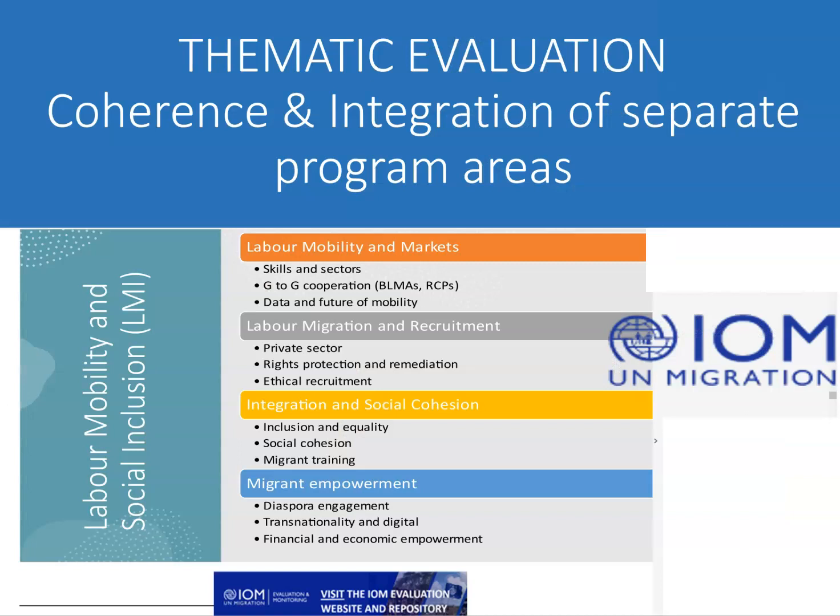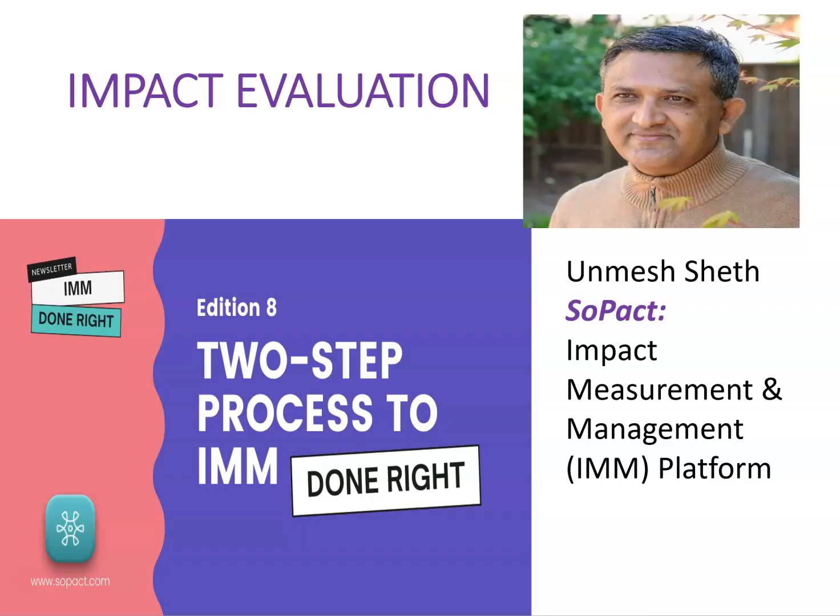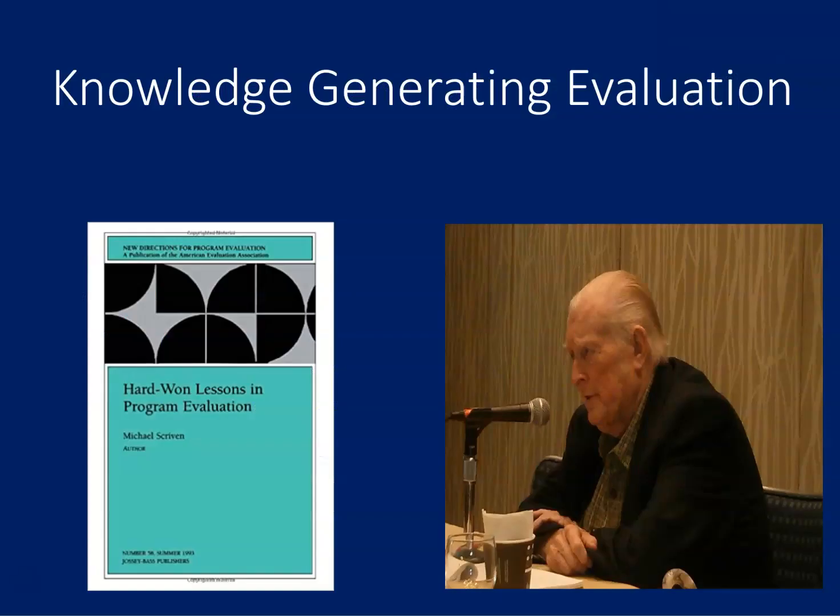Thematic evaluation looks to create coherence and integration of separate program areas based upon technical, methodological, and substantive criteria, but to improve effectiveness of programs, not using evaluation as part of the change process. Likewise, with the impact measurement and management platform. This is a neutral platform for people to do technical work.